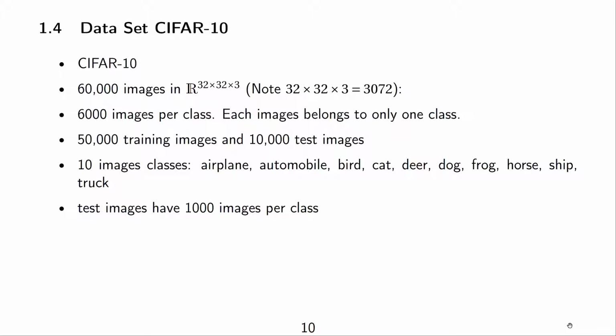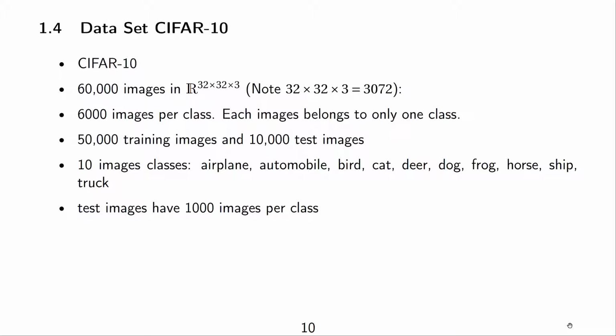So if we multiply this together, then we have 3072 values to represent one image. And we have 6,000 images per class, and each image belongs to only one class.